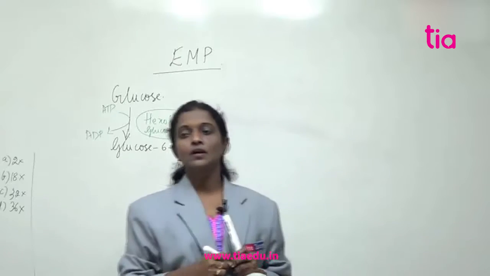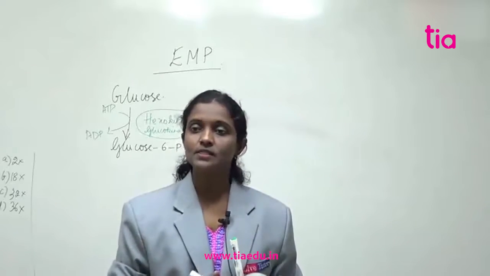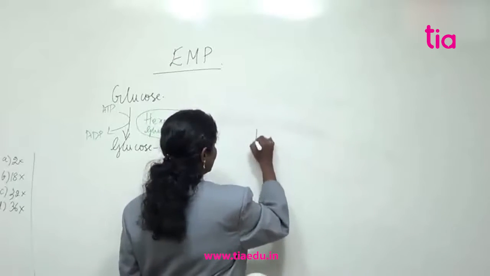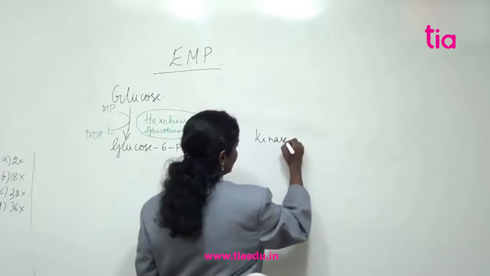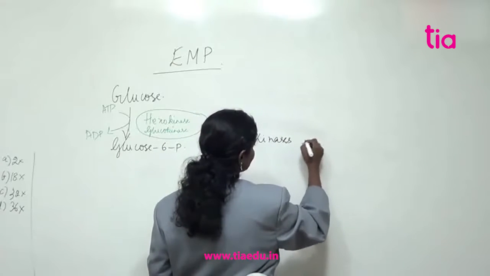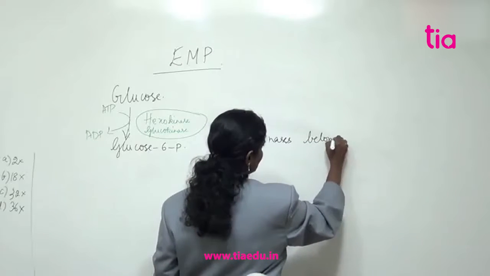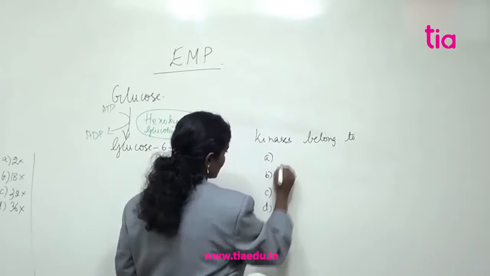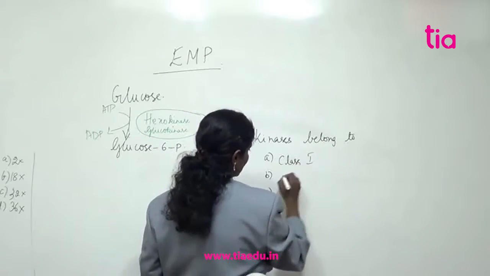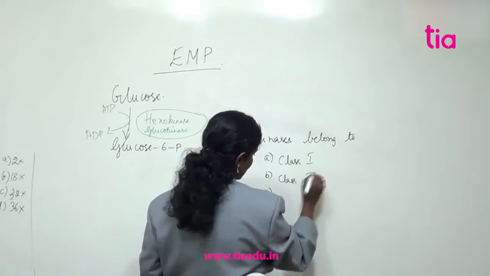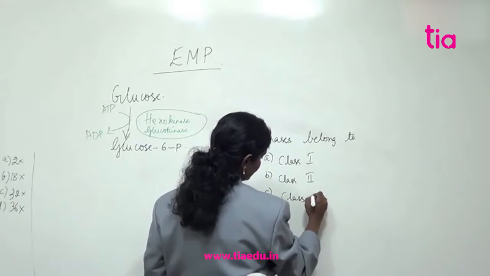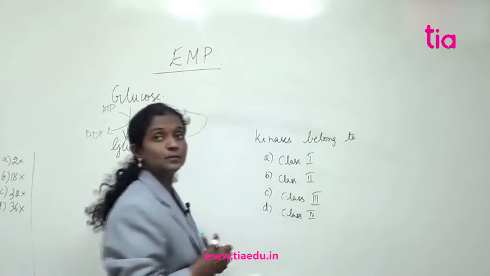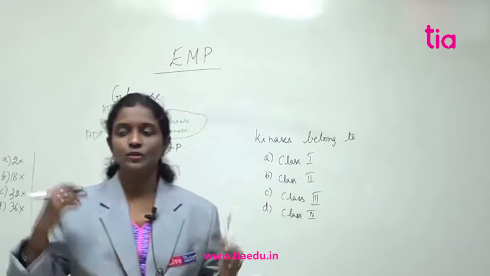Now tell me, with your understanding of biomolecules which we did a few classes back: kinases belong to which class? A, B, C, D: class 1 enzyme, class 2 enzyme, class 3 enzyme, class 4 enzyme. Who can answer me this, before we go to the next step?